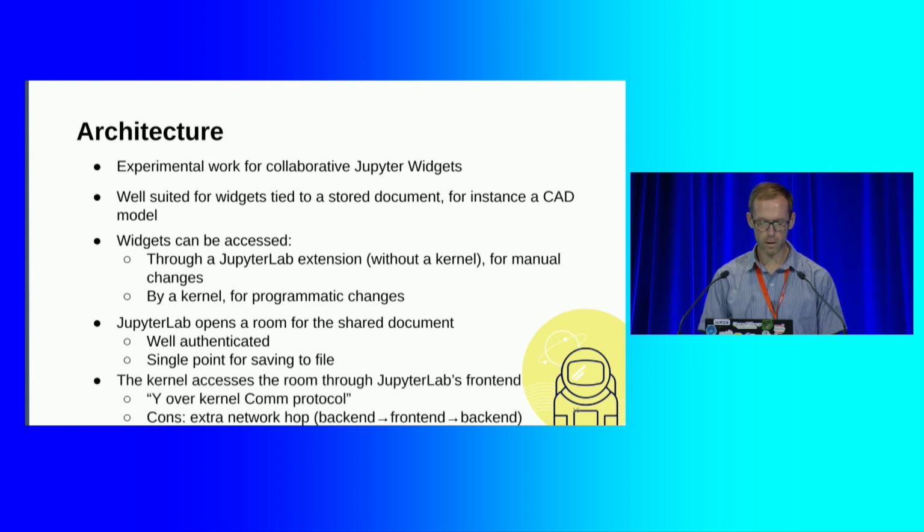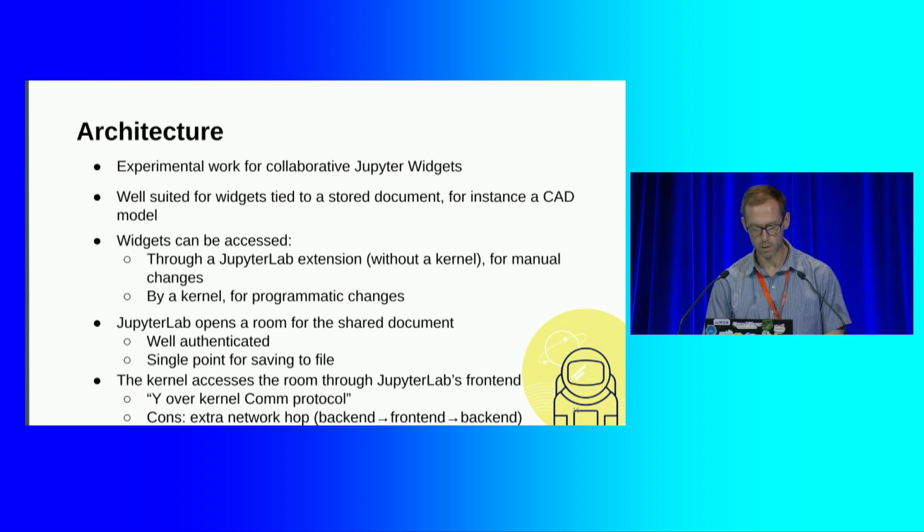And the kernel doesn't access the shared document directly, but through JupyterLab, through a Y over kernel COM protocol, for those who know a bit the details of the kernel protocol.